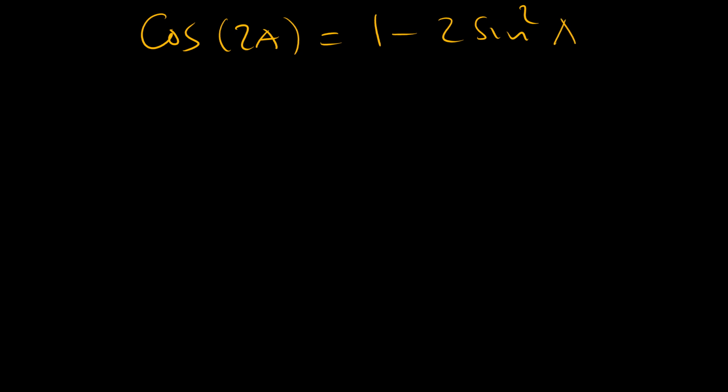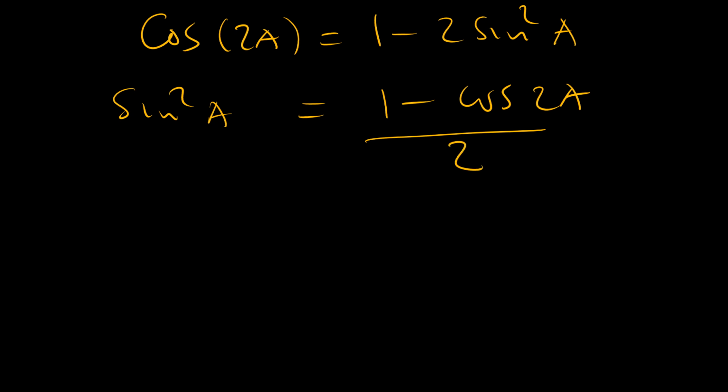We can use the expression cosine 2a being equal to 1 minus 2 sine squared a, such that sine squared a is the same as 1 minus cosine 2a over 2.